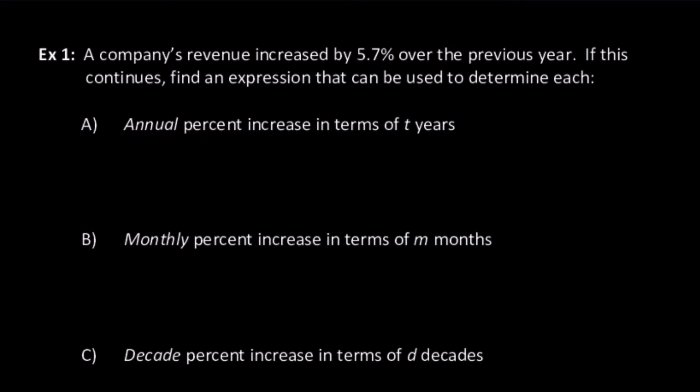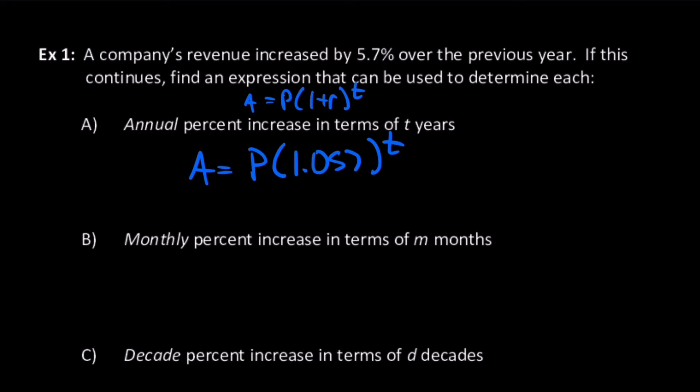This is the most basic one we'll have. A equals P times 1.057 to the T. So I sort of did that quickly. I was using this model, 1 plus R to the T, and it increased by 5.7, so that's 0.057. Okay, so that's pretty straightforward.